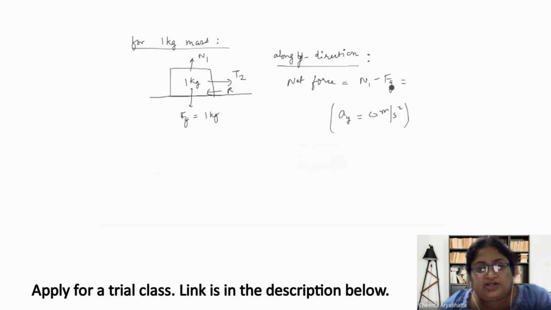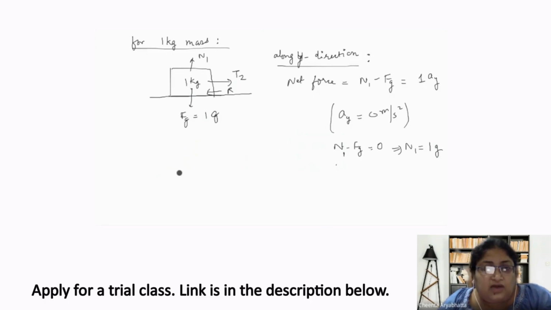So this net force is equal to mass times acceleration. Mass is 1 and a_y is 0, so N1 minus Fg is basically 0. This implies N1 equals Fg. What is Fg? Fg won't be 1 kg. It will be 1 times the acceleration due to gravity, so it will be equal to 1 g.